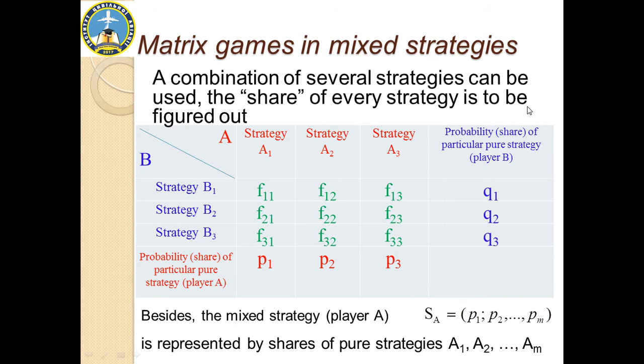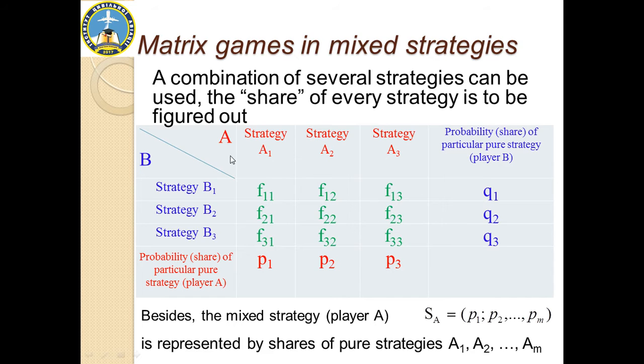Again, we go back to the payoff matrix, and instead of letting every player stick to a single strategy at a time, we allow every player to play a combination or mixture of different strategies. So we introduce the new parameters.